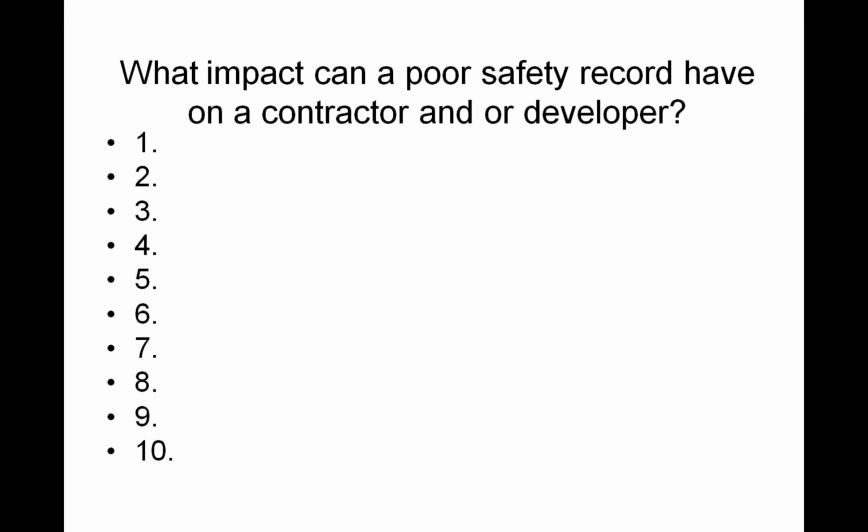On a more micromanaging level, right? If you have a poor safety record, how are you going to attract labor? Okay? If I'm in the labor force, where do I want to work? A place that values safety, or a place that doesn't? That doesn't give me the proper personal protective equipment.